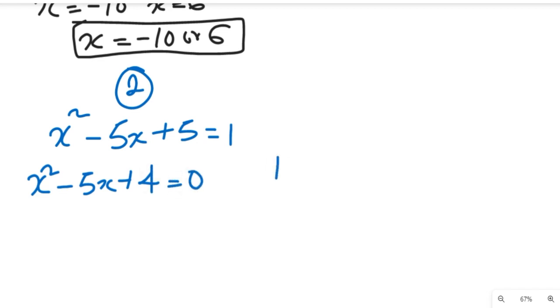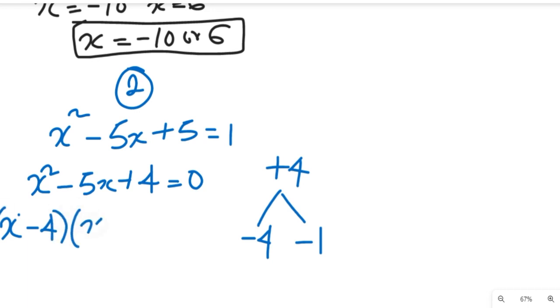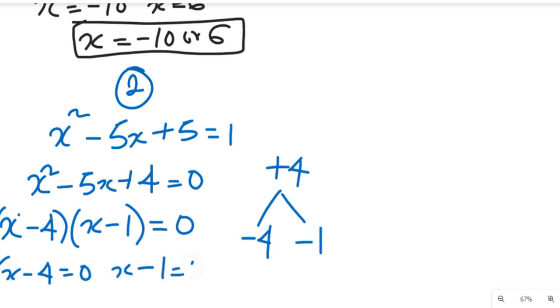So we find two values such that when we multiply them, we get plus 4, and when we add them, we get minus 5. Those two values are minus 4 and minus 1. So to simplify this quadratic equation, we have x minus 4 multiplied by x minus 1, and these two will be equal to 0. So x minus 4 will be equal to 0 and x minus 1 will be equal to 0.